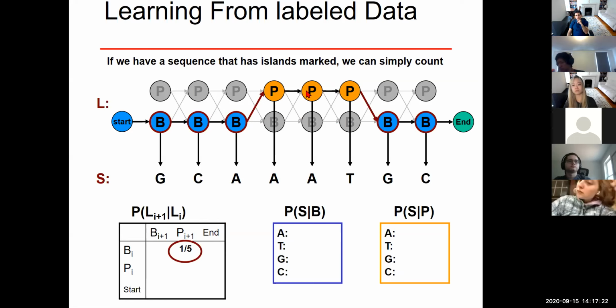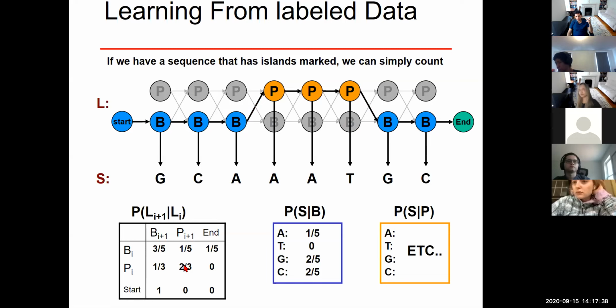I mean promoter 3 times and a transition to promoter 2 of the 3 times. So that's 2/3. What is my B to B probability? 1, 2, 3, 4, 5 times. I self-transition 3 of the 5 times. Okay? So this is the most trivial thing. So if I have an annotation, I can infer both the emission parameters and the transition parameters super easy.